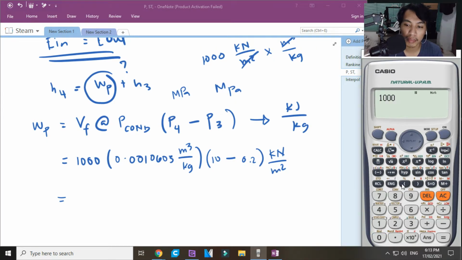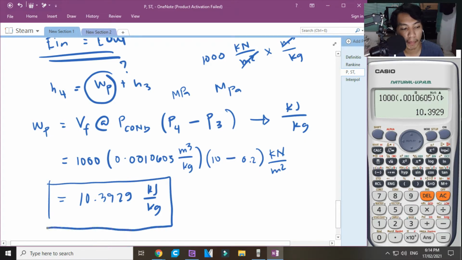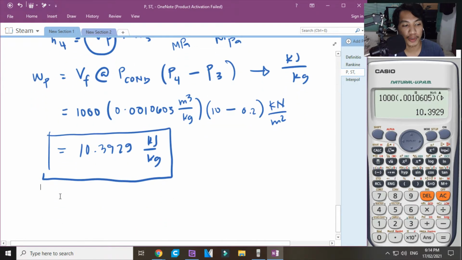1,000 multiply to 0.0010605 multiplied to 10 minus 0.2. Okay. So, that is 10.3929. Napakaliit ng work ng pump, no? 10.3929 kilojoule per kilogram. Now, you have the work for the pump. We can solve for H4.